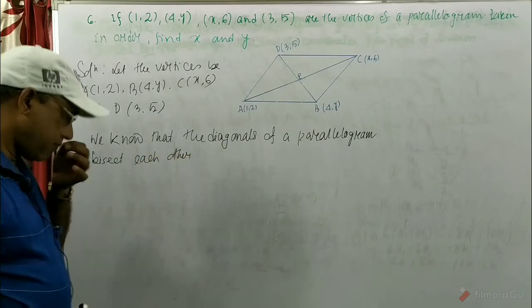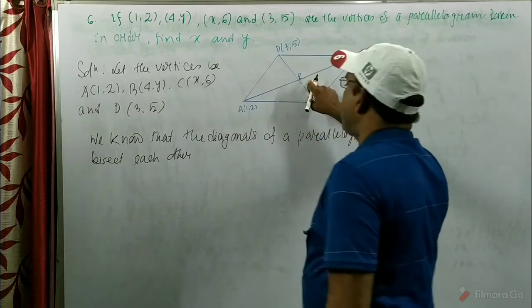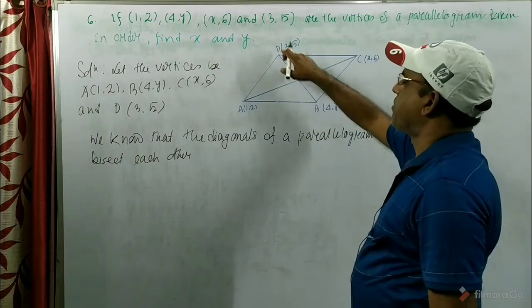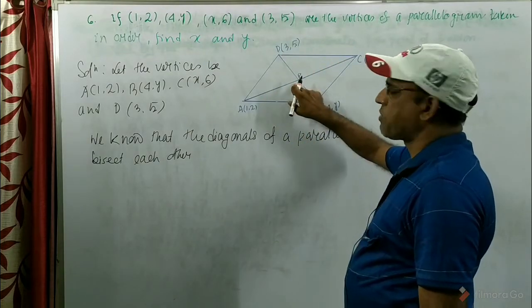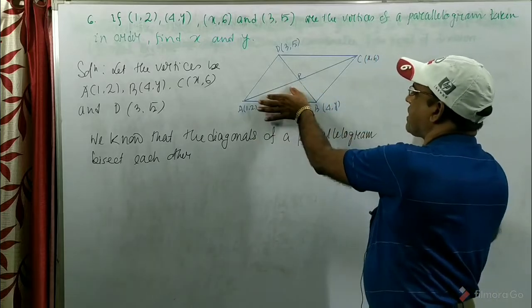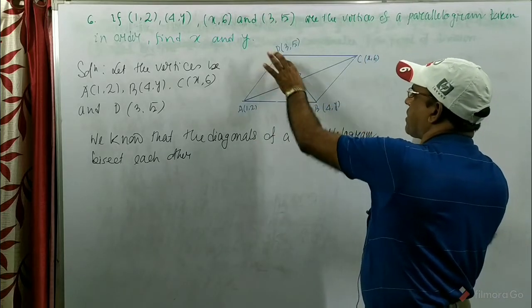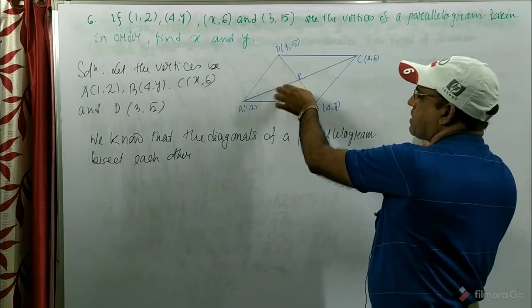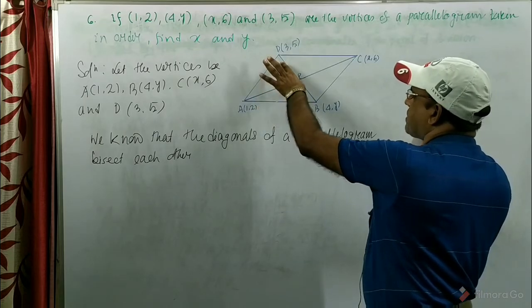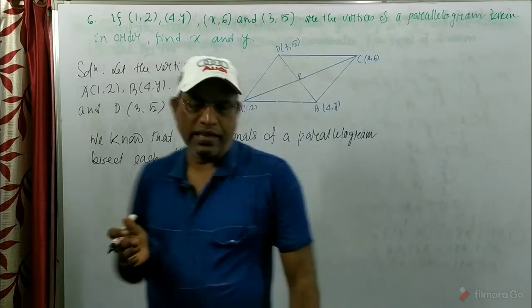That means P is the midpoint of AC, and P is the midpoint of BD also, because they bisect each other. This length is equal to this length and this length is equal to this length. So obviously P is the midpoint of AC, P is the midpoint of BD.